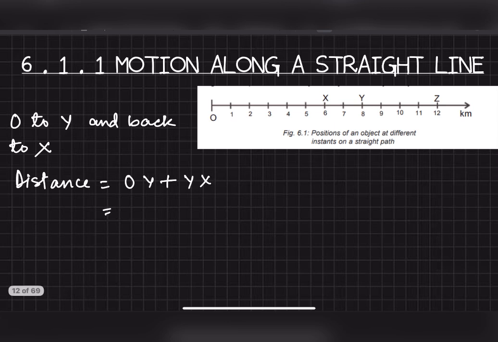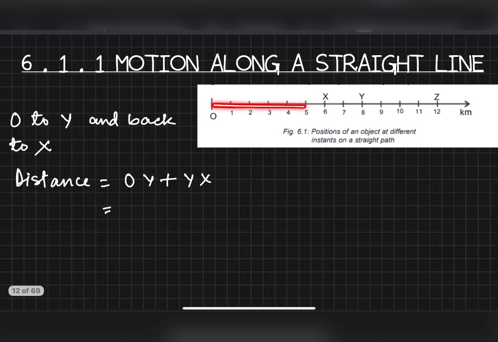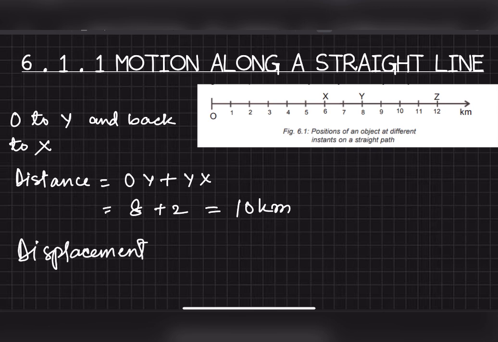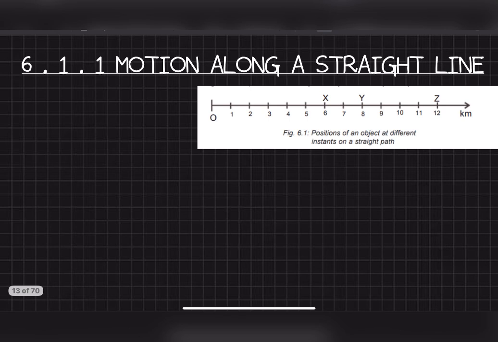O to Y is 8 kilometer. So 8 plus Y to X, which is 2 kilometer. 8 plus 2, 10 kilometer. Now displacement. What is displacement? Displacement is shortest distance. Shortest distance from O to X is 6 kilometer, right? 6 kilometer.